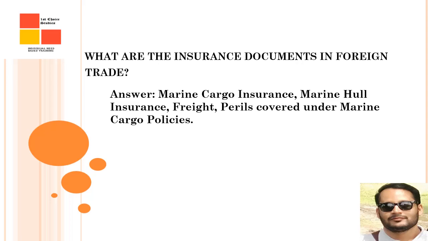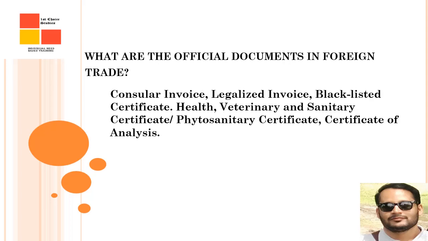Answer: Marine cargo insurance, marine hull insurance, freight, perils covered under marine cargo policies. What are the official documents in foreign trade? Answer: Consular invoice, legalized invoice, blacklisted certificate. Health, veterinary and sanitary certificate/phytosanitary certificate, certificate of analysis.